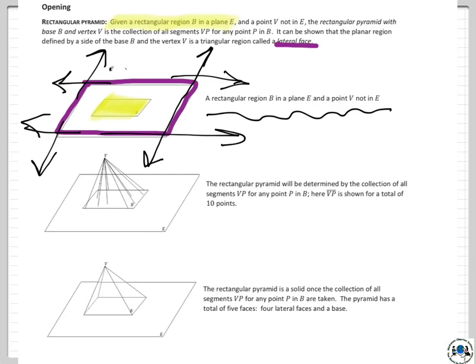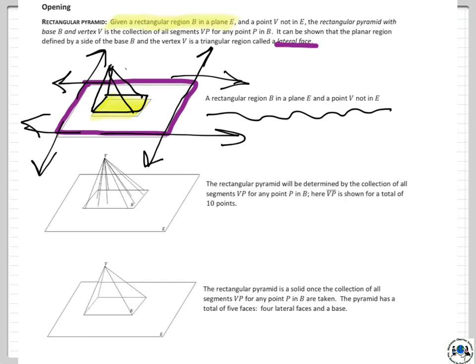It's above it, in a different plane, another flat planar region that sits above this plane E. Now we have a rectangular region B, which sits in this plane E, and it is connected to V. We can connect it at any segment that connects V to this rectangular region B, and you can see we can connect it at all different points.